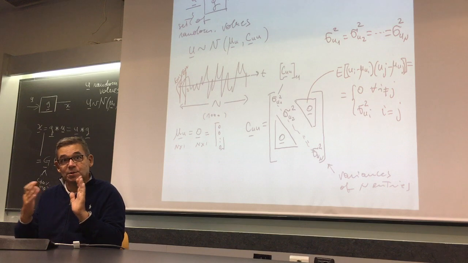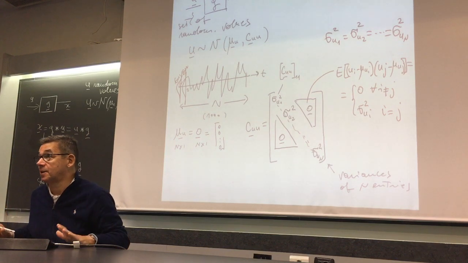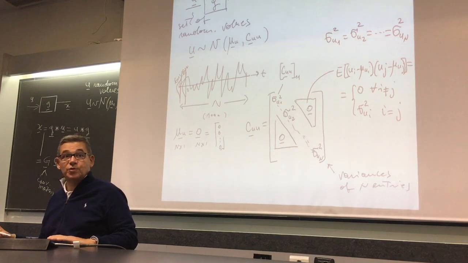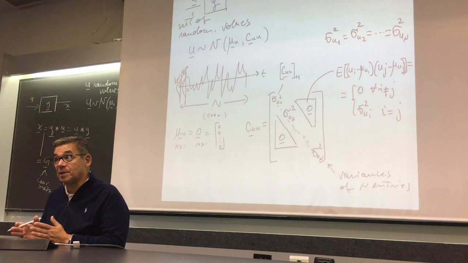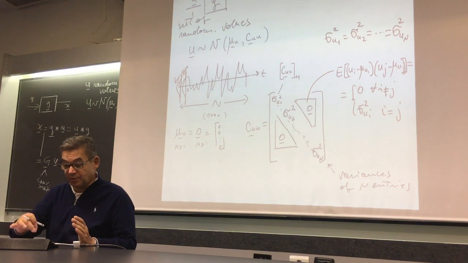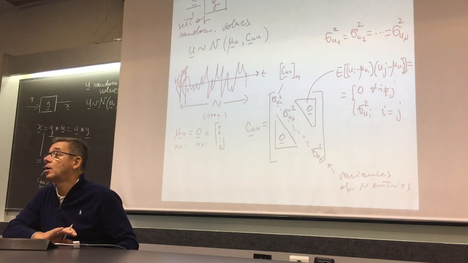Since the samples are not correlated and Gaussian, they are statistically independent, because for the Gaussian case, uncorrelation and statistical independence are the same, because of the property that we discussed last time.